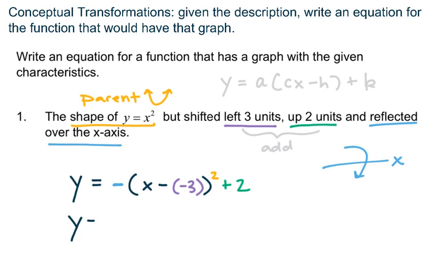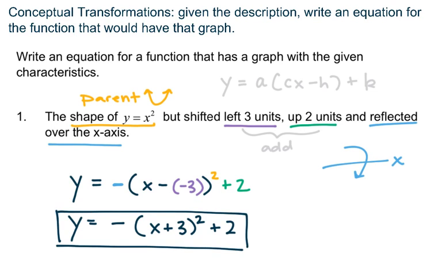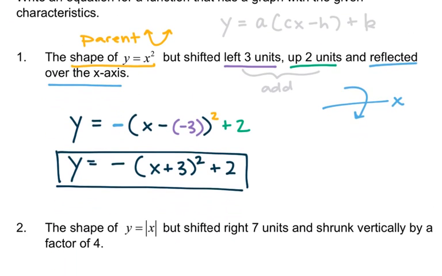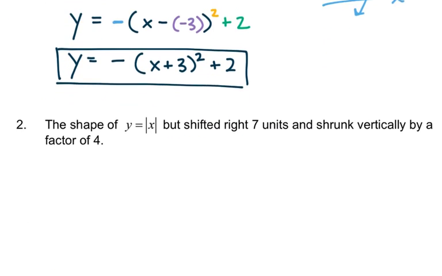So if I were to write this function, I would say y equals the negative quantity x plus 3 squared plus 2. And this graph would give me the graph of my original parent, shifted left 3 units, up 2 units, and then reflected over the x-axis.